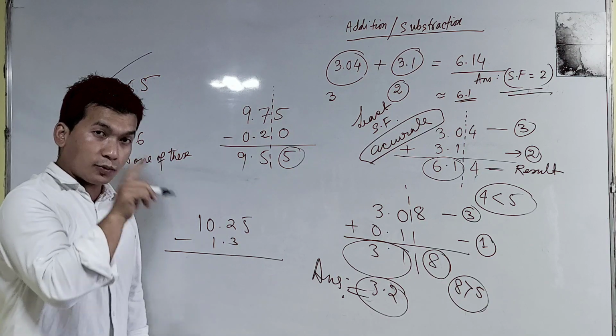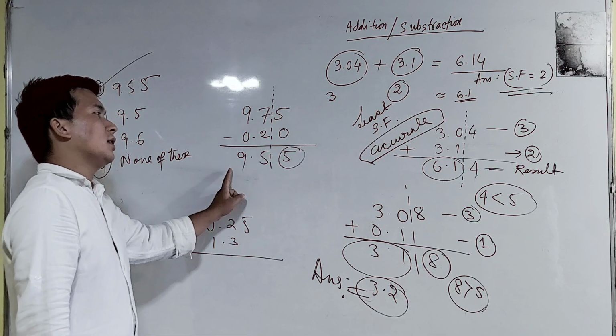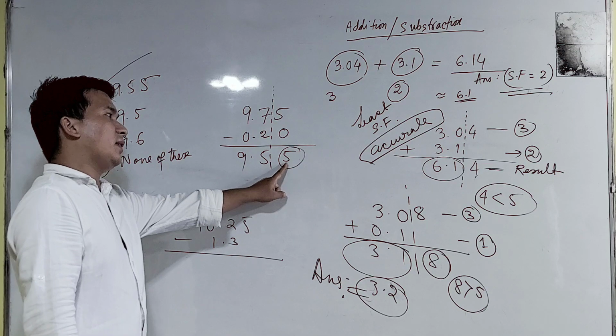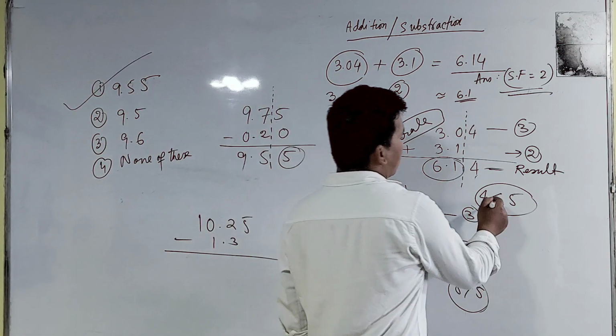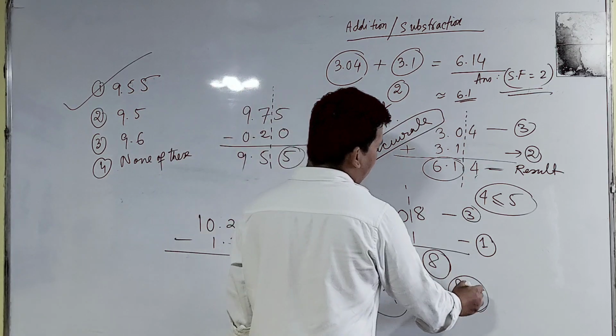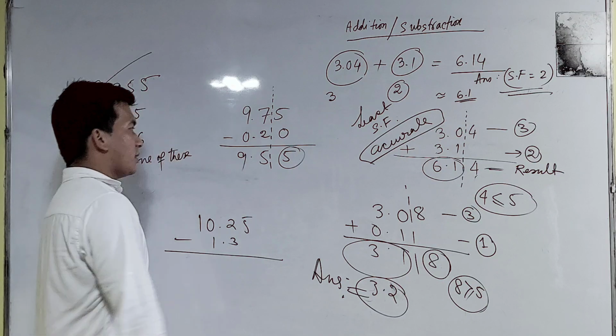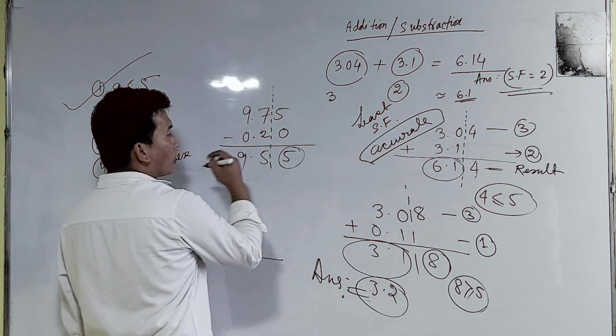This is only for addition or subtraction. Here this 5 is less than or equal to... no, greater than or equal to 5, and this is 5, so we are going to add one more over here.